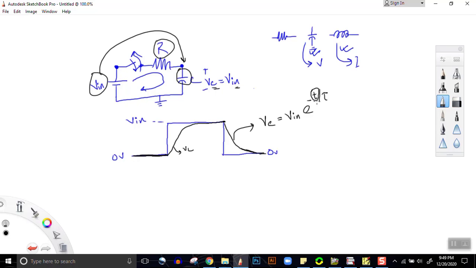Now what is this t? Suppose you are taking Vc at this point. So this t is the time difference between these two points, that is, from when the capacitor starts to discharge to the point of consideration, and this tau is called the time constant.